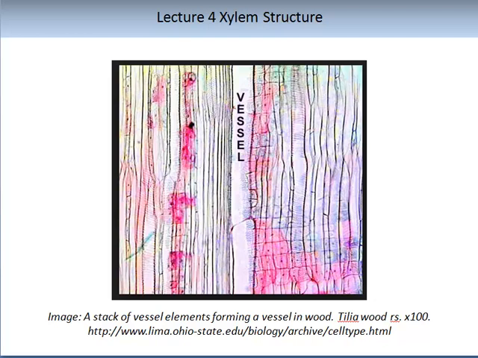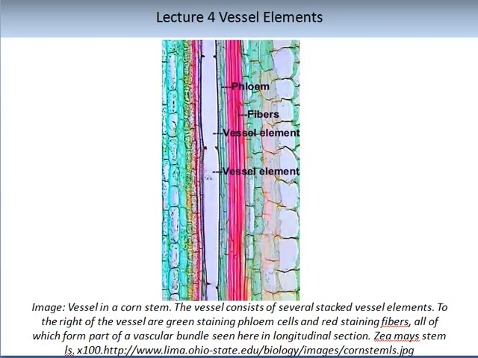On the slide in front of you is a stack of vessel elements from a vessel in wood, tilia wood. This is at ×100 magnification, and certain components have been stained so that you can differentiate. In the middle is the vessel. This slide shows the vessel elements in a corn stem.